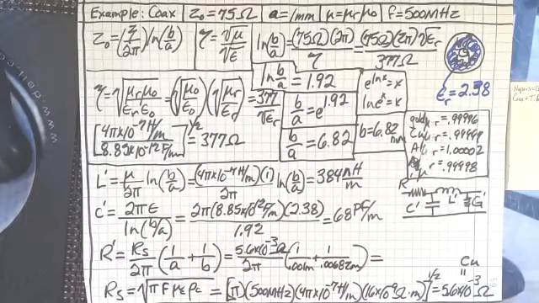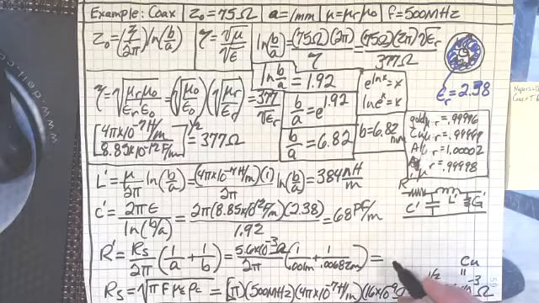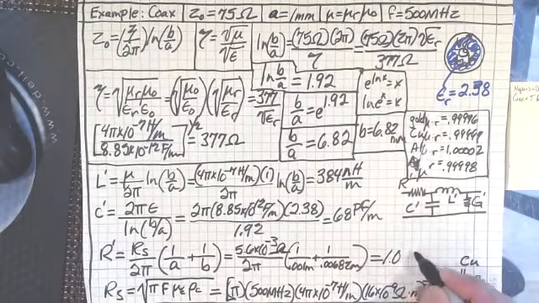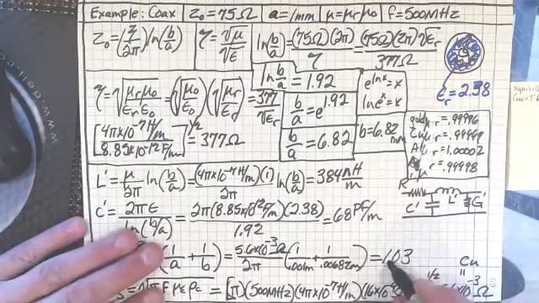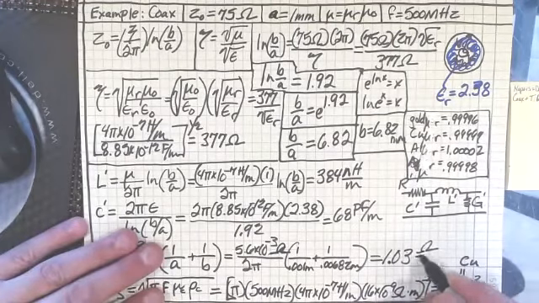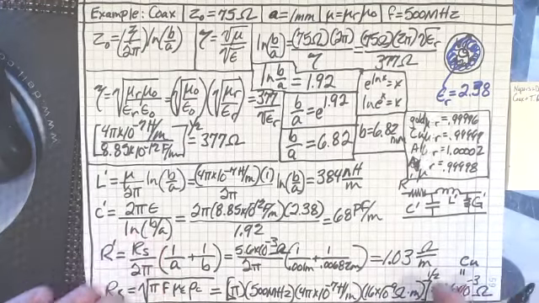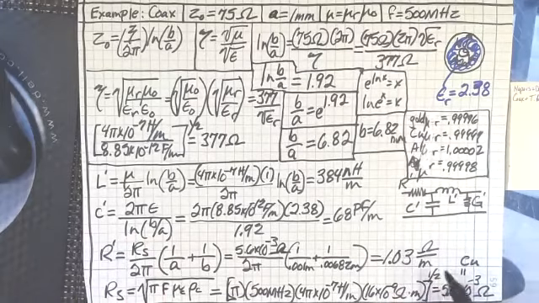And that gives me an R prime of 1.03. I hope to God that's right. 1.03 ohms per meter. Not too bad, 1.03 ohms per meter. You think, hey, that's pretty good, right?